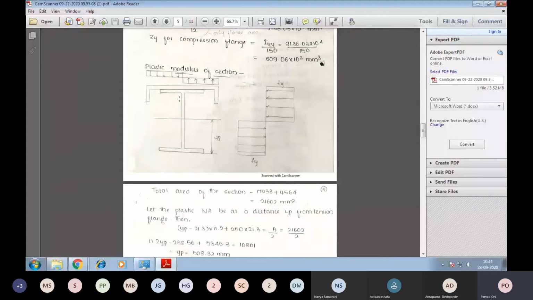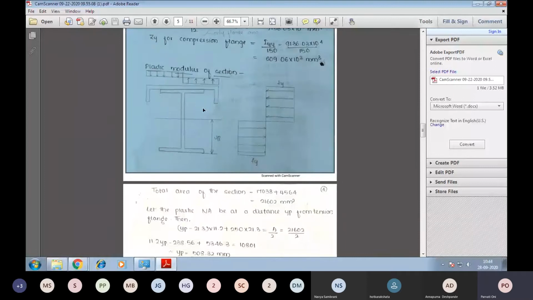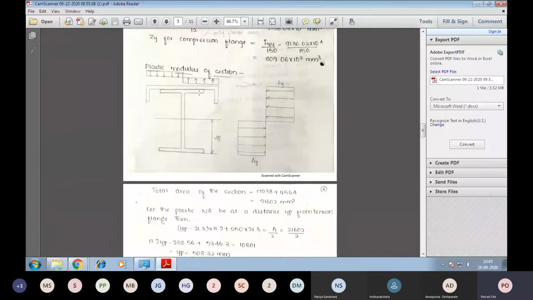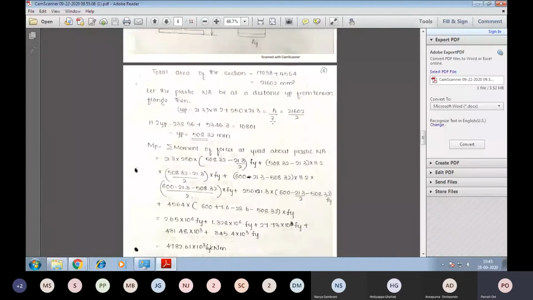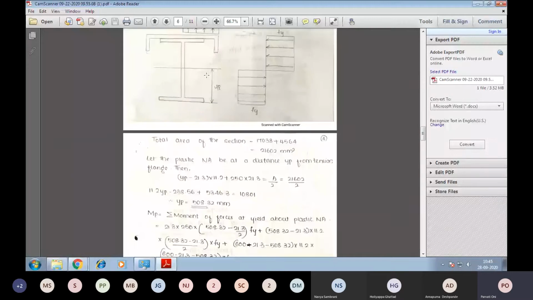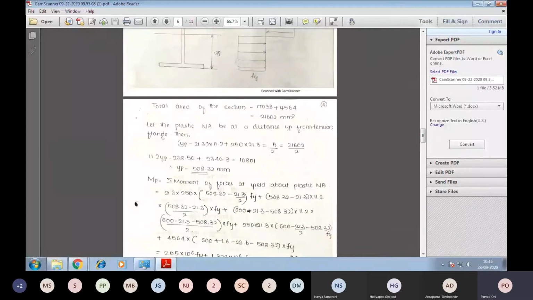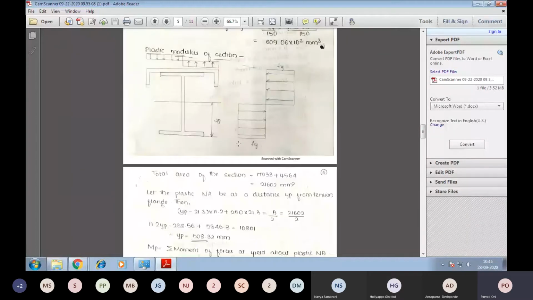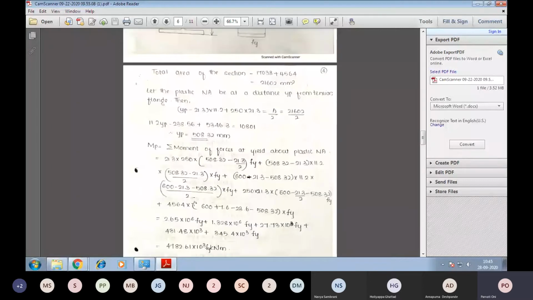Only for this flange section we need this depth. So the total depth is 600 minus 21.3, and minus 508.32 will give you this depth. Into the thickness of the web, 11.2, into again this depth divided by 2, into Fy.